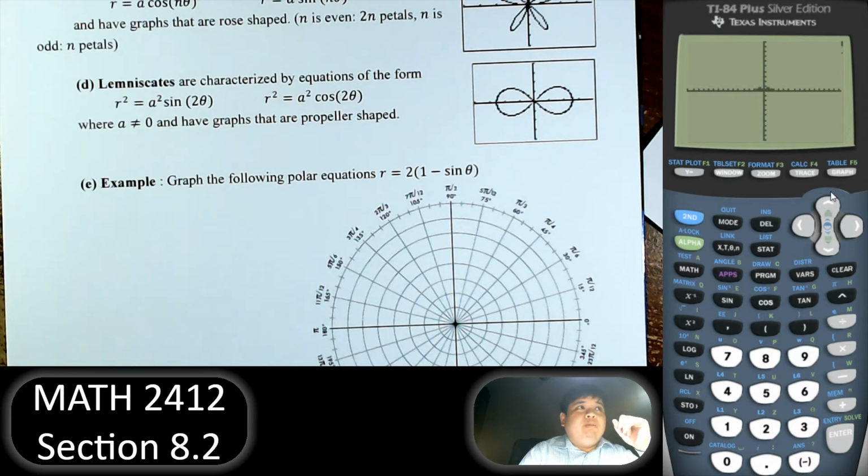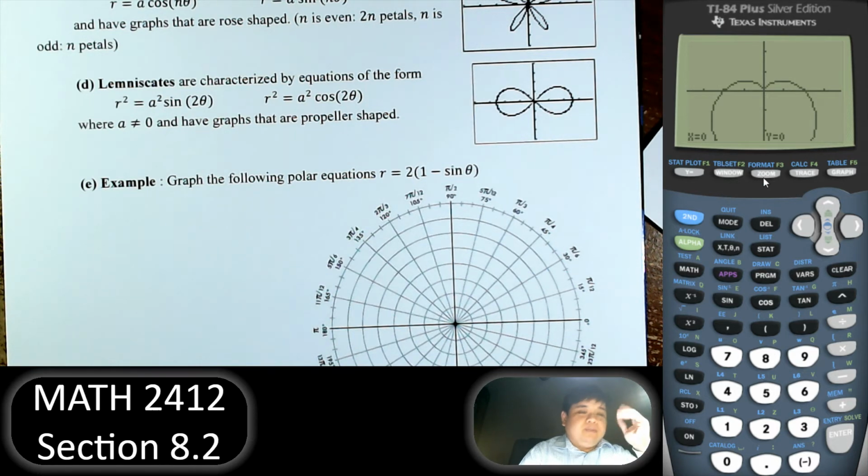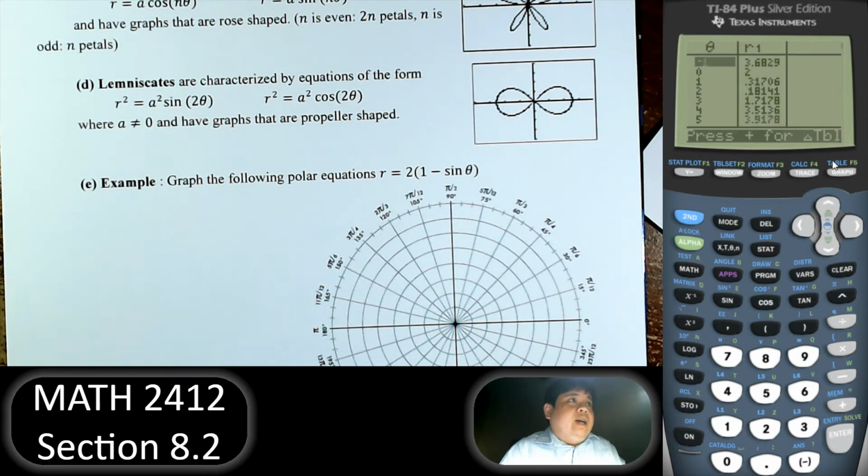That would be better. Right, let's zoom out, zoom in, so this is the graph of a cardioid. Okay, if we want the points, hit second table, and we have the points in polar coordinates.